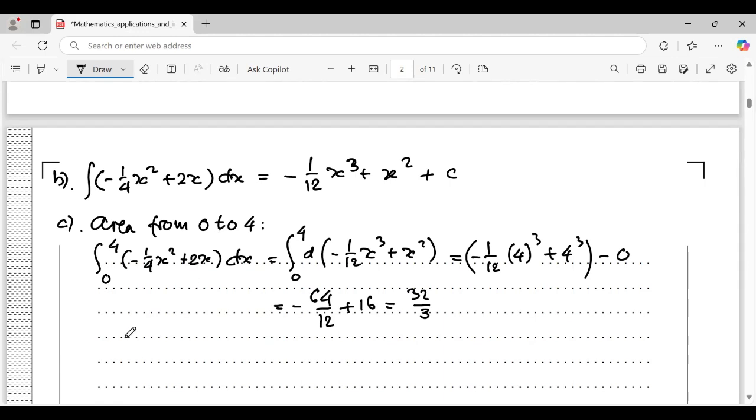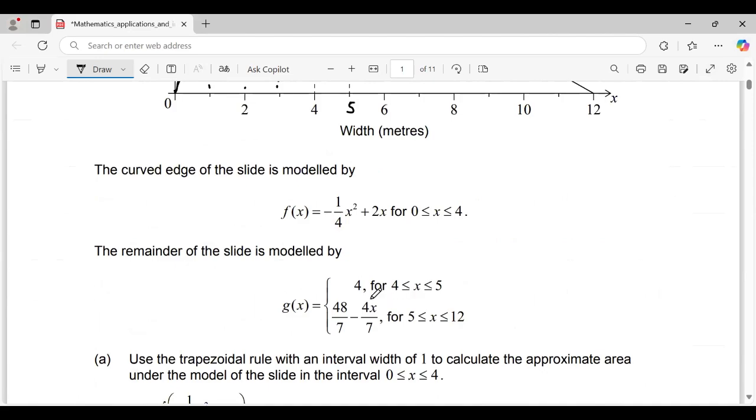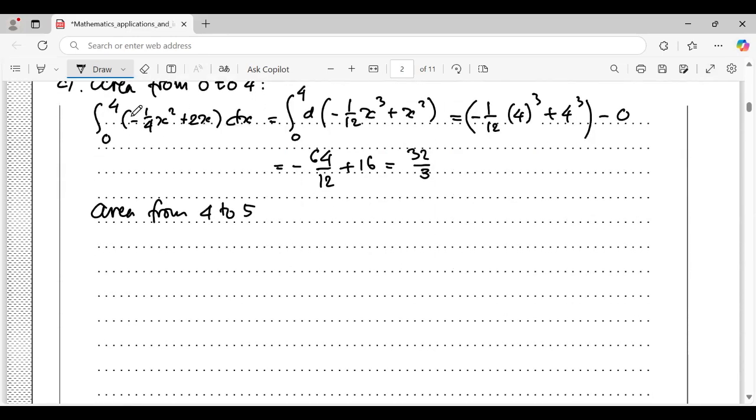Next, the area from 4 to 5. According to this information, from 4 to 5, g(x) equals 4. The integral from 4 to 5 of g(x), so 4 dx.